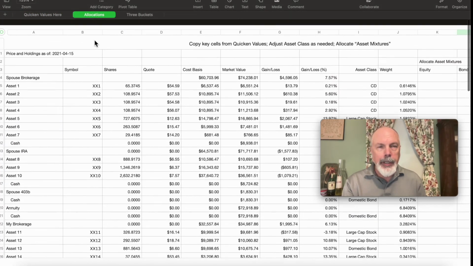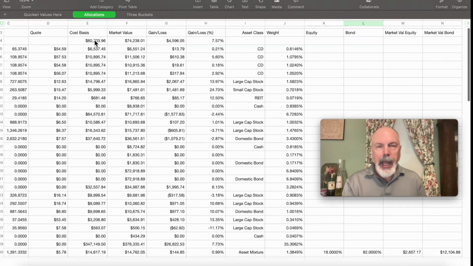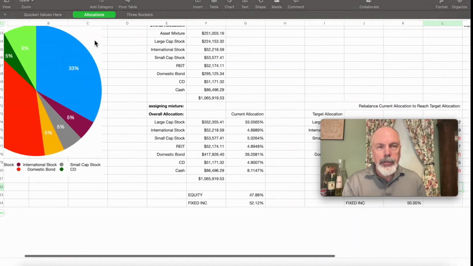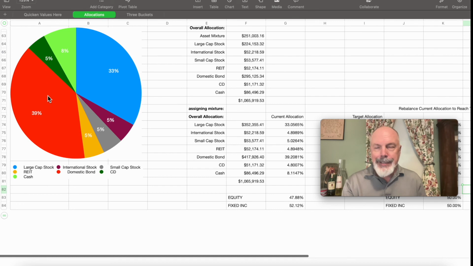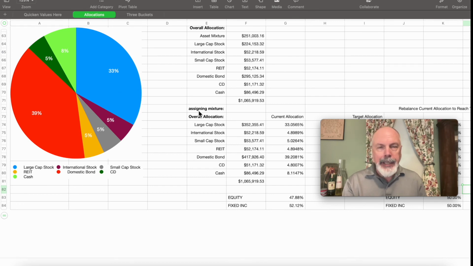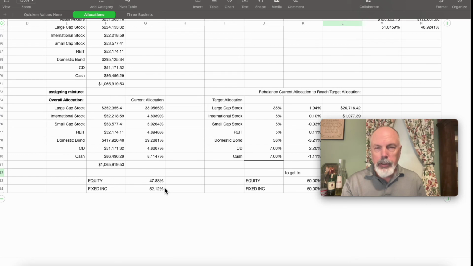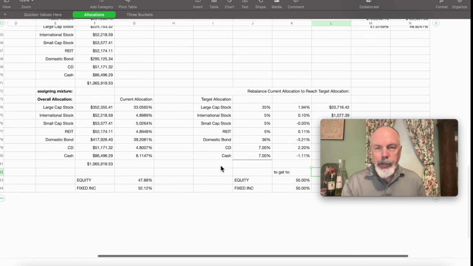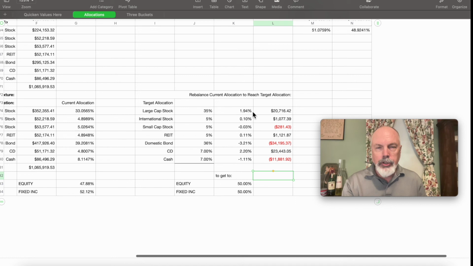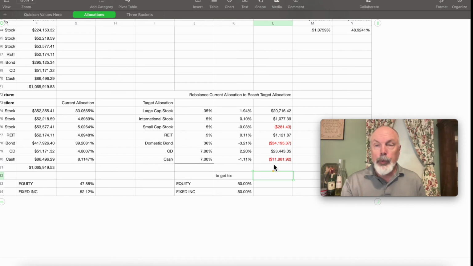And in here, it takes all that stuff and produces this chart here for overall asset allocation. And then it says, here's your current allocation and here's your target allocation, and comes up with a decision rule here of, well, if you want to get to this 50-50 and you're currently 47-52, you need to move these kinds of assets to rebalance.